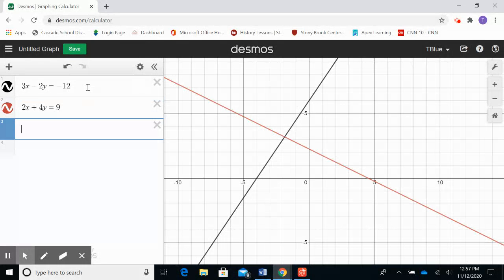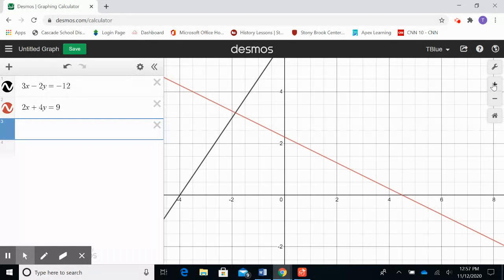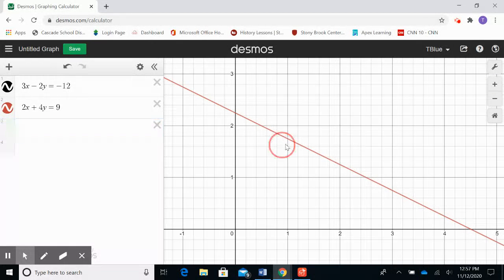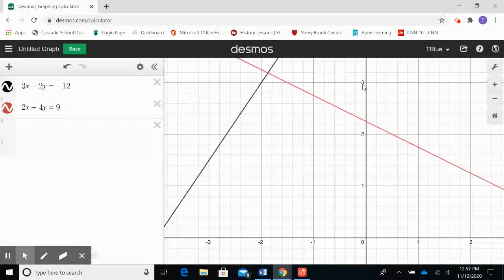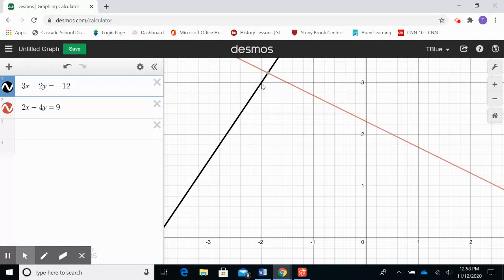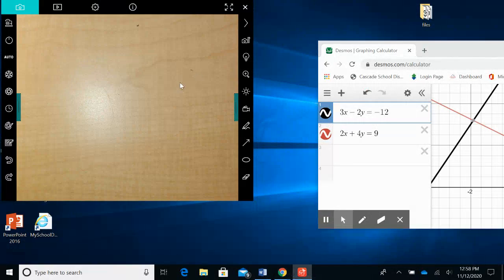So we're trying to see if they cross at (-2, 3). Oh my gosh, that is really close. But look, not quite. So here's (-2, 3). It works for the black line, which we found out was a check for the black line, but it does not work for the red line. So that is not a solution for those.